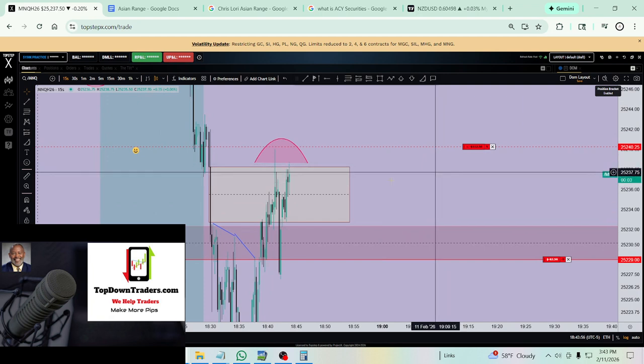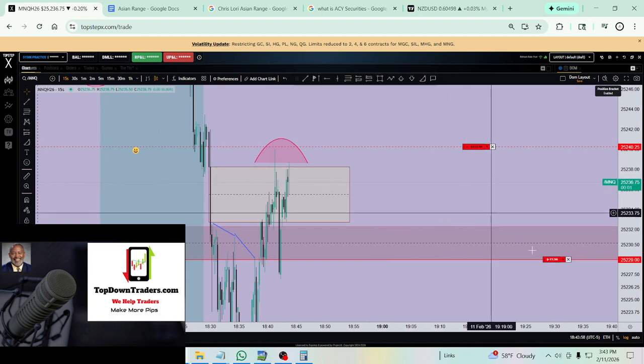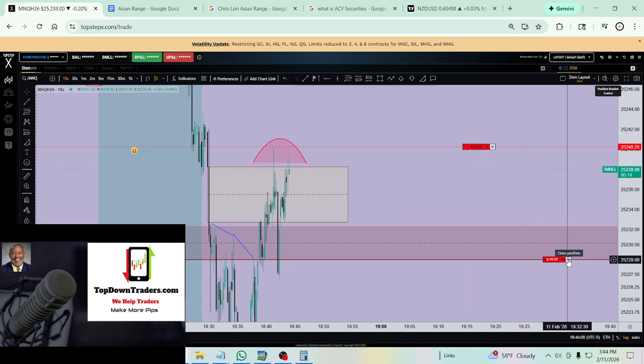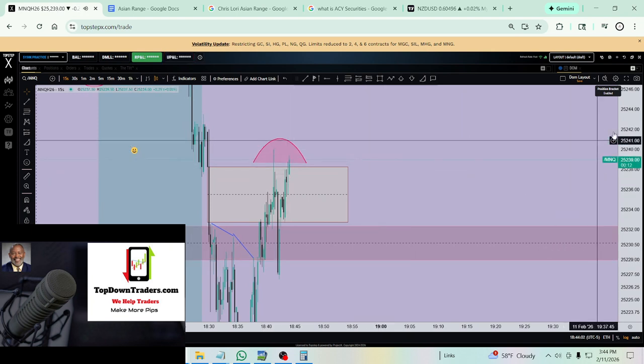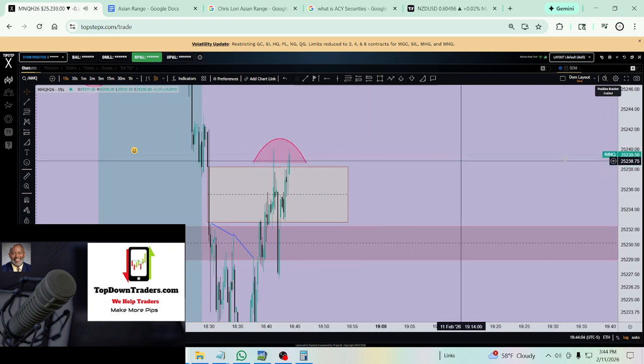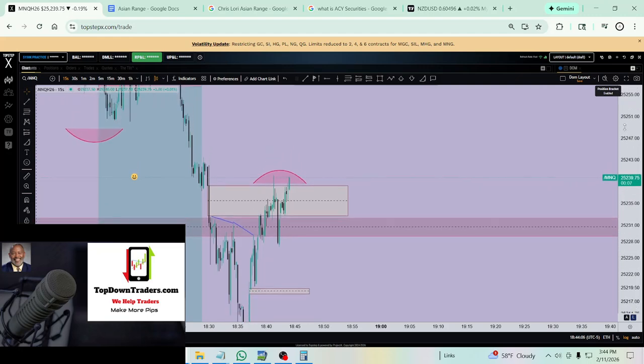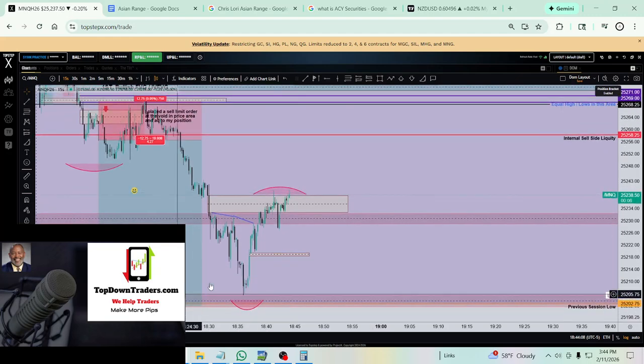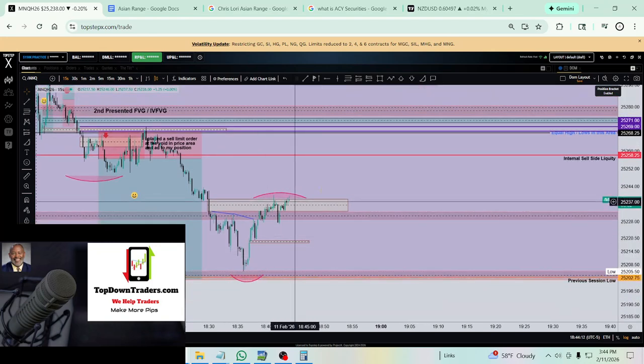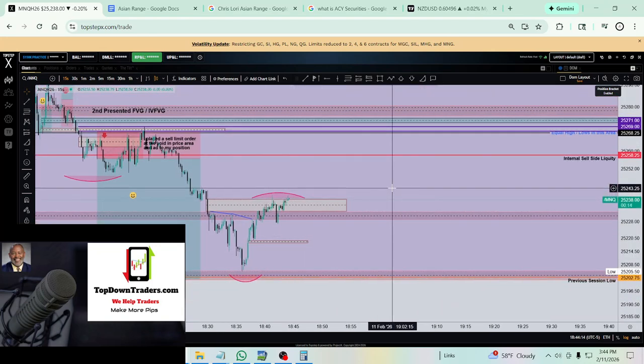I'm gonna get out of this trade and just call it a day. Looks like it was gonna stop me out anyway. So we did have a market structure shift, a break of structure down here. This is a counter trend trade. And on counter trend trades, don't risk as much.